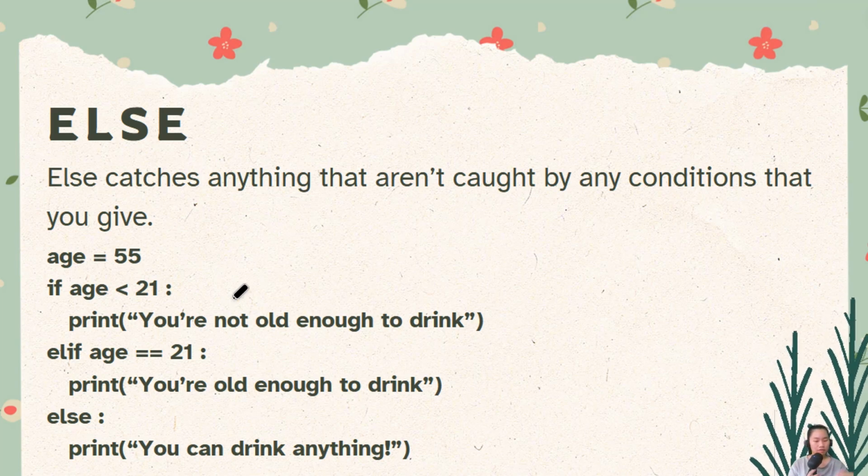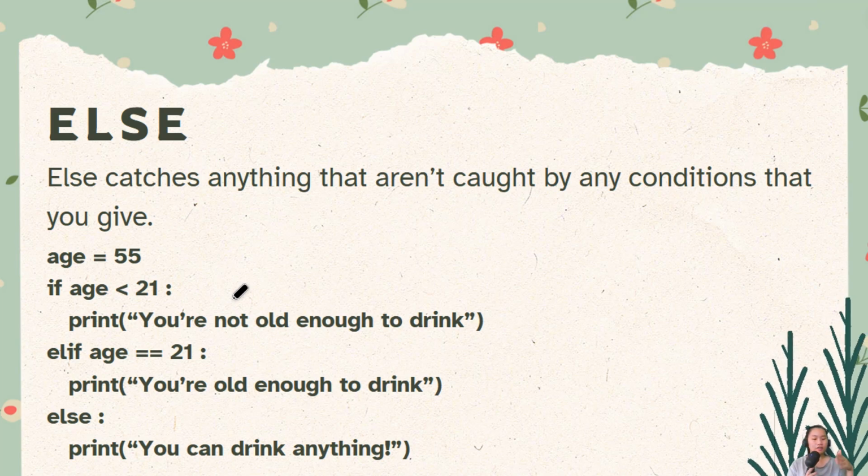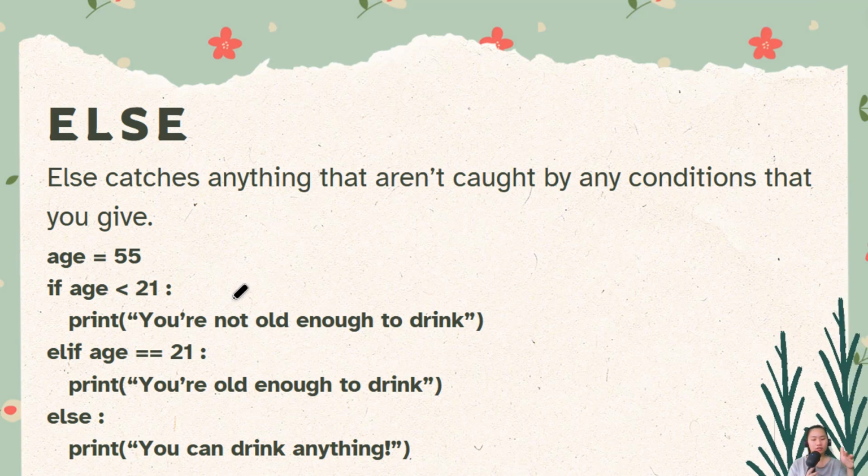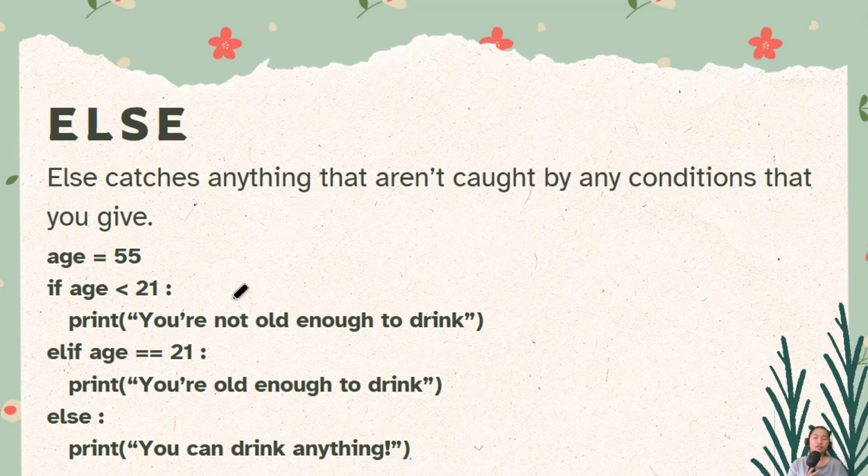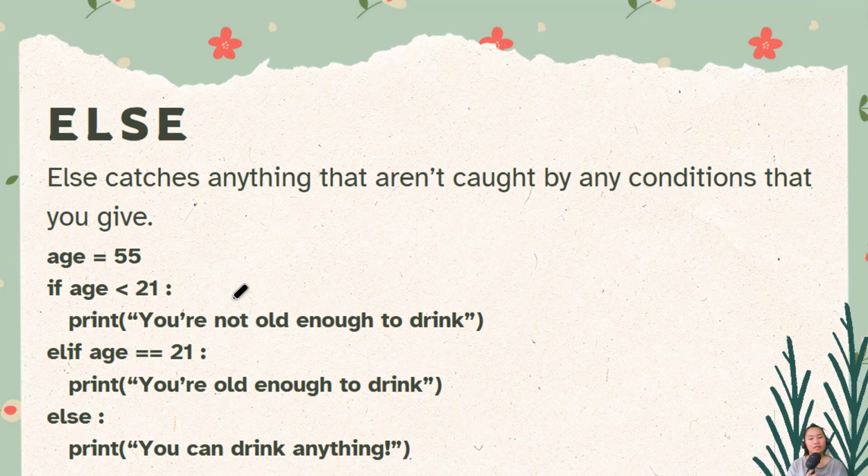Now, I want to introduce to you another familiar statement because it goes hand in hand with if. You have if and you have else, okay? Because they call it the if and else statement. Elif is usually less mentioned as a shorthand. So, else catches anything that is not true, okay? It catches anything that isn't caught by any conditions that you've given previously.